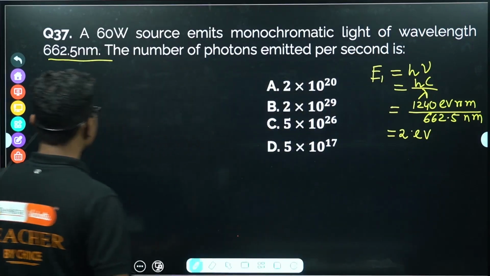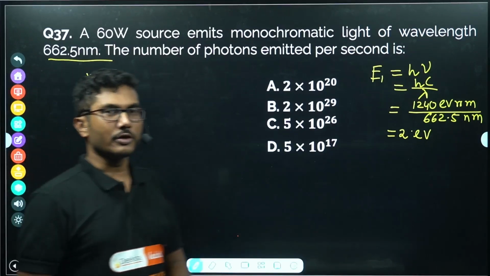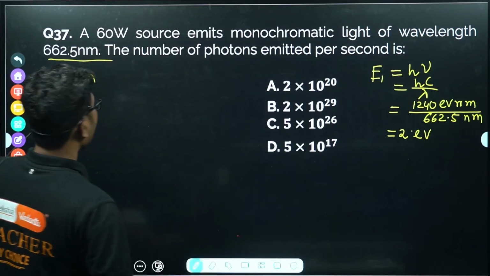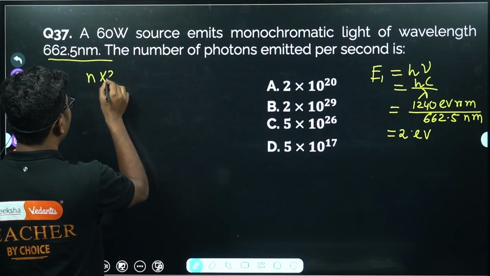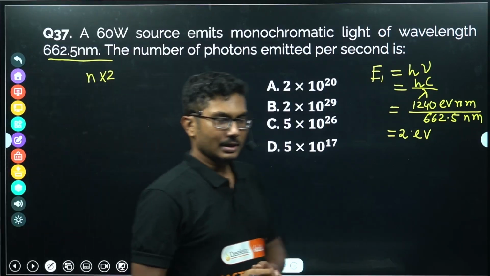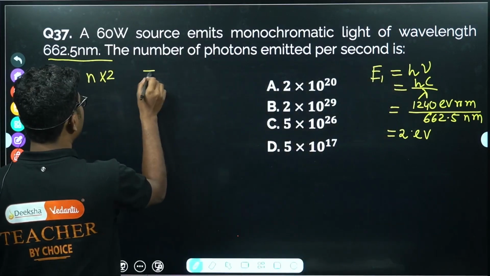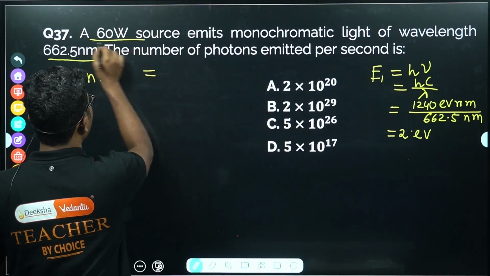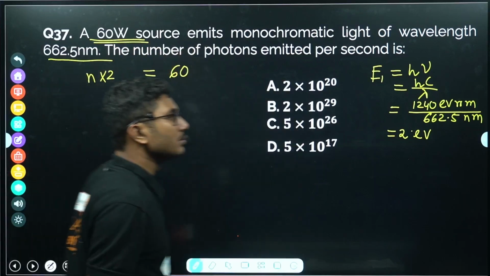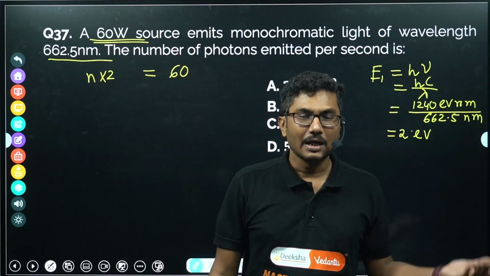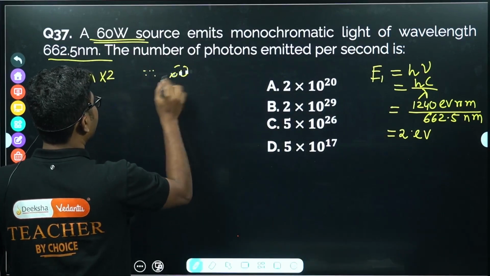Now assume that n number of photons are emitted per second. Then what is the total energy of these photons? N into 2 eV, right? Now if there is no loss of energy, this should equal the power supplied by the bulb, that is 60 watt. Now on the right hand side it is watt, on our left hand side it is eV. So how can we convert eV to joule?